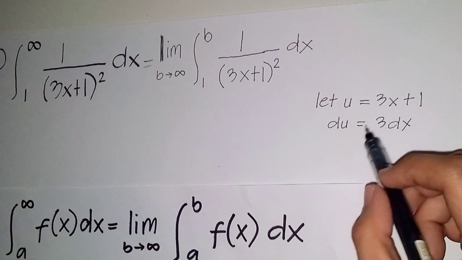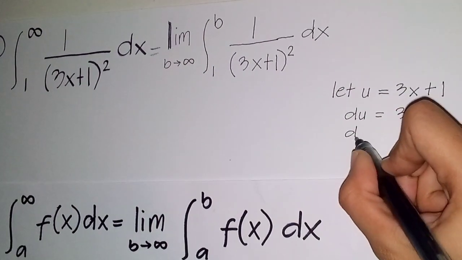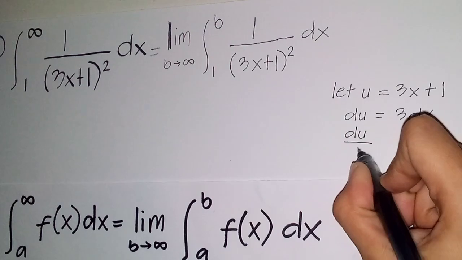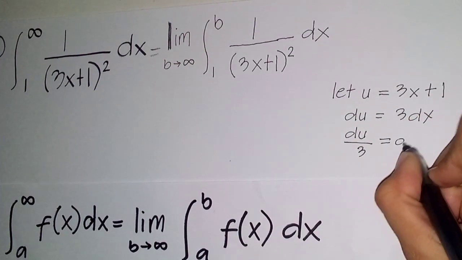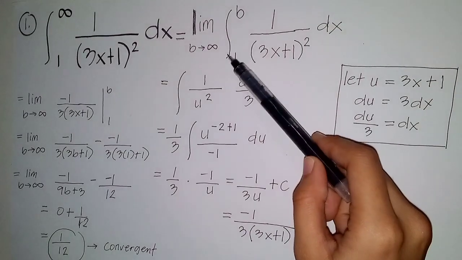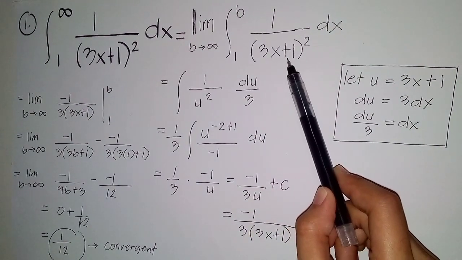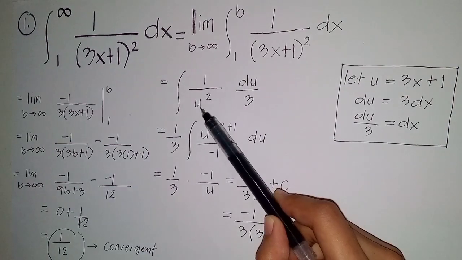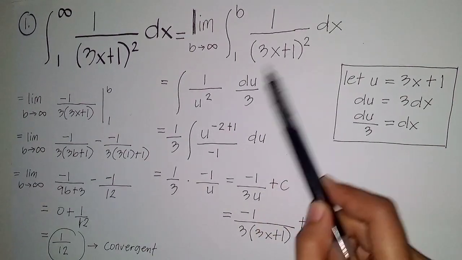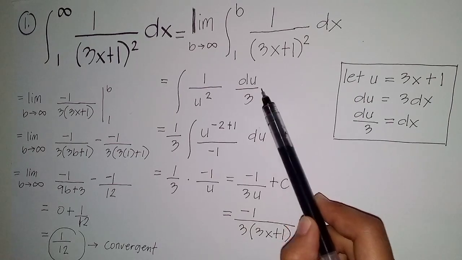So if we divide both sides by 3, our dx is du over 3. Okay, the next thing is to copy the integral 1 over, since our 3x plus 1 is u, let us replace it by its variable. So it is u, and then copy squared. Our dx is du over 3, so write du over 3 here.